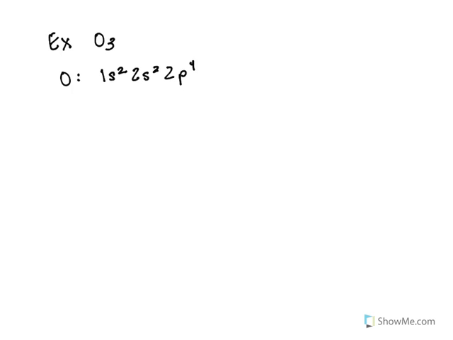And so when I look at this, I see that the valence shell would be n equals 2. And in that valence shell, there are a total of 6 electrons. So 6 electrons in the valence shell. So oxygen has a total of 8 electrons, 2 of them are core, and 6 are available to form bonds.